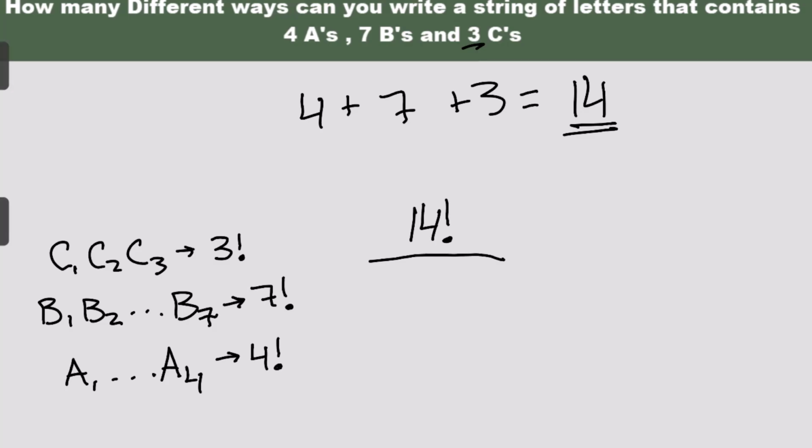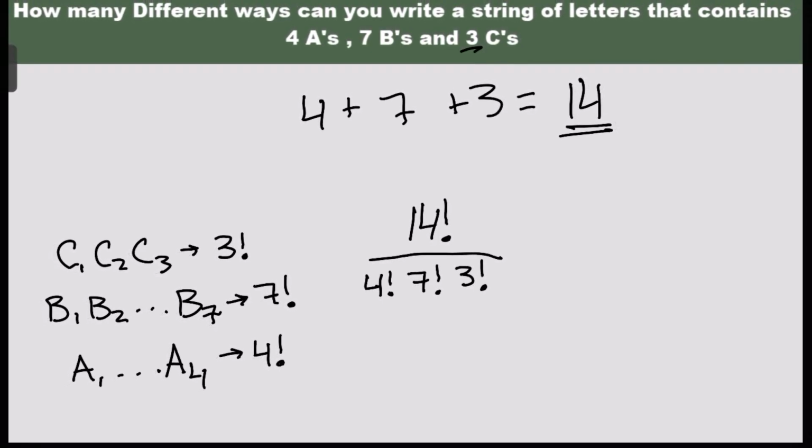Along with that, now we need to remove all those little duplicated mixes of our certain letters. So let's do left to right. Coming from the A's, we've got a 4 factorial in there of how we can mix them all up amongst themselves. Same with B, we've got 7 factorial ways that we can mix them up. And then 3 factorial on the C's.